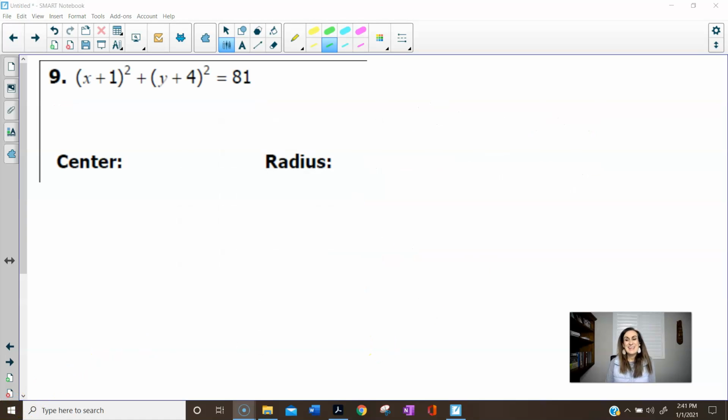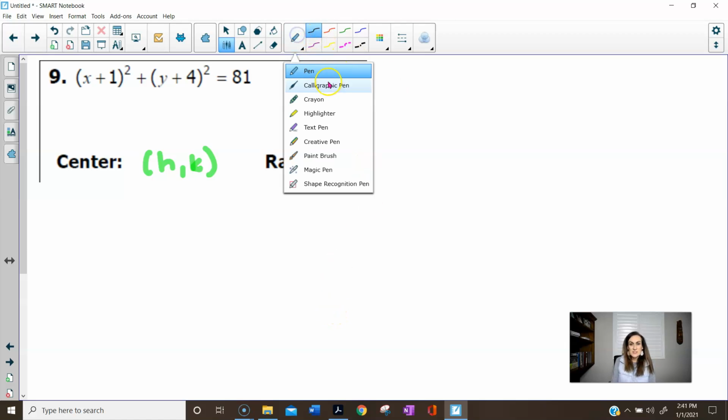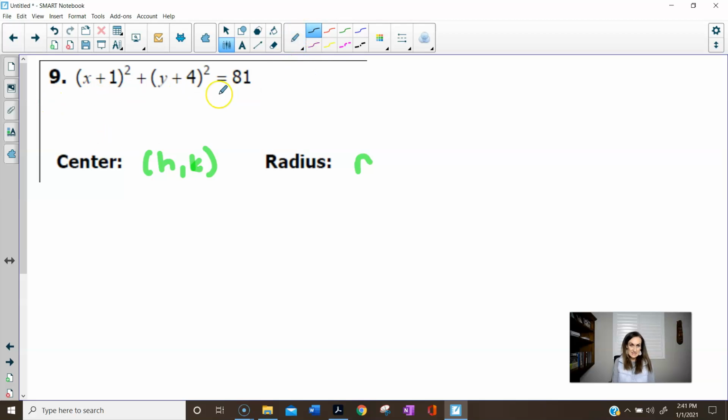What I'm going to do is number 9. And all we're supposed to do is find the center and the radius. Remember that the center is HK and the radius goes from the center of the circle to the point on the edge of the circle. So let's look at this. This would be x subtract h squared plus y subtract k squared equals r squared.